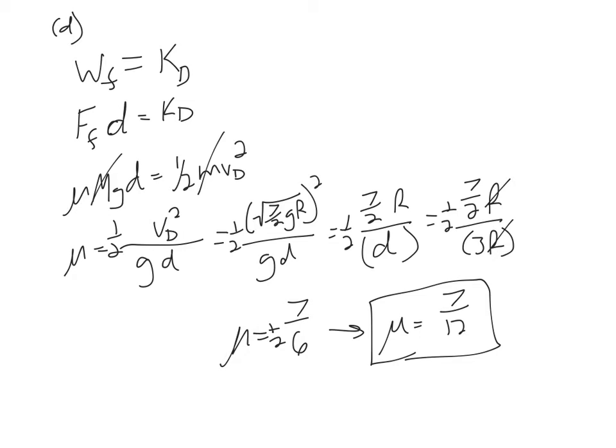Now the good thing, the way you can double check to make sure this makes sense, is make sure that this has no units. Remember, mu is unitless, so there should be no r, no g, no m in there. It should just be 7/12. Just some number. Alright, so this was 3 points. 1 point for using the v from before and substituting in 3r for d.